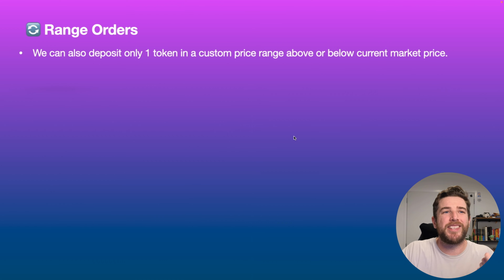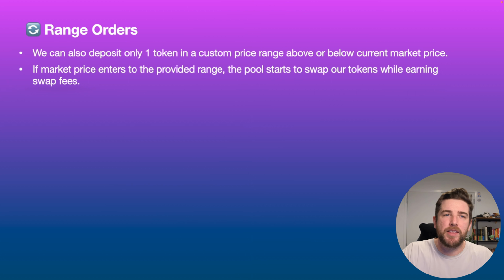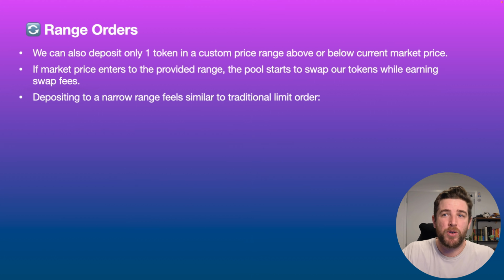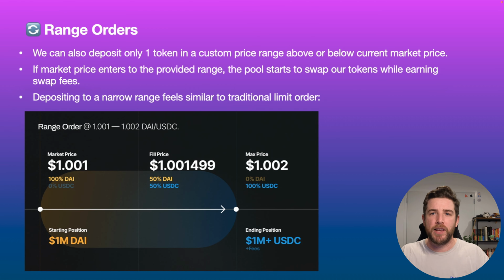And if the market price enters the provided range, the pool starts to swap our tokens while earning swap fees. That is how it works. Depositing to a narrow range feels similar to a traditional limit order. Let's see an example to fully understand this.